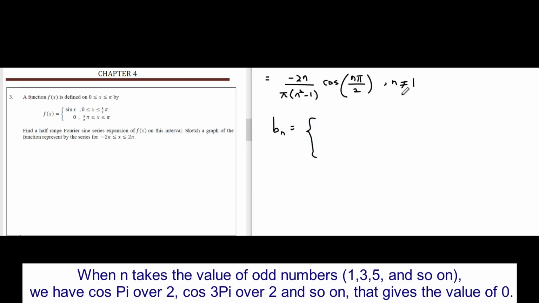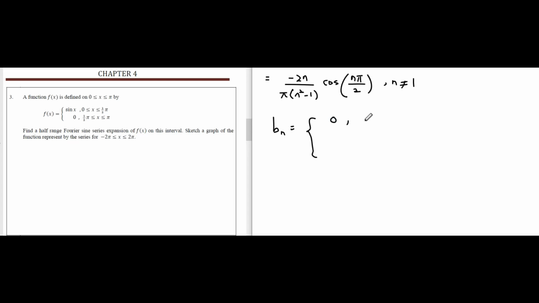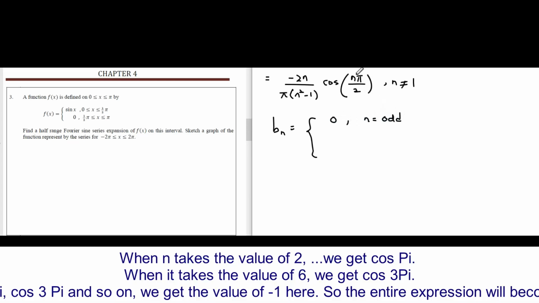When n takes the value of odd numbers 1, 3, 5 and so on, we have cos pi over 2, cos 3 pi over 2 and so on. That gives the value of 0. When n takes the value of 2, we get cos pi.